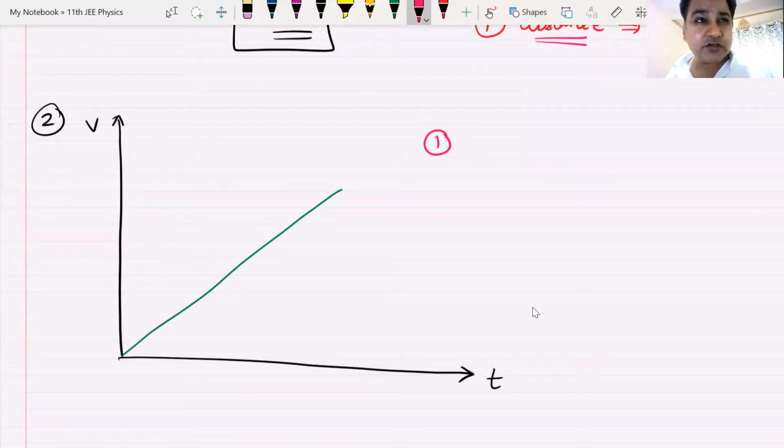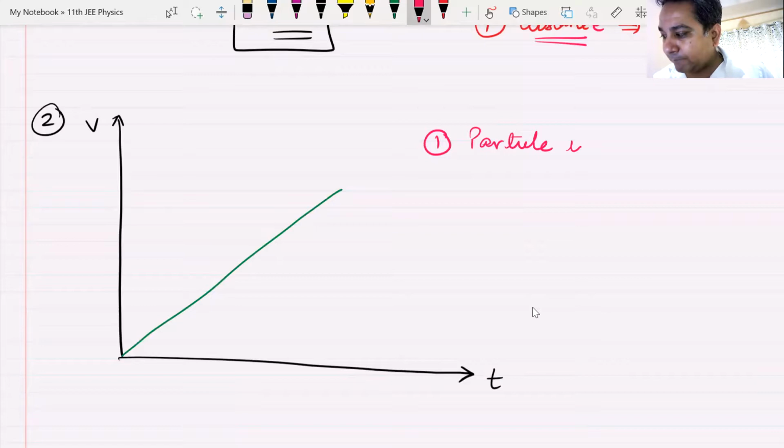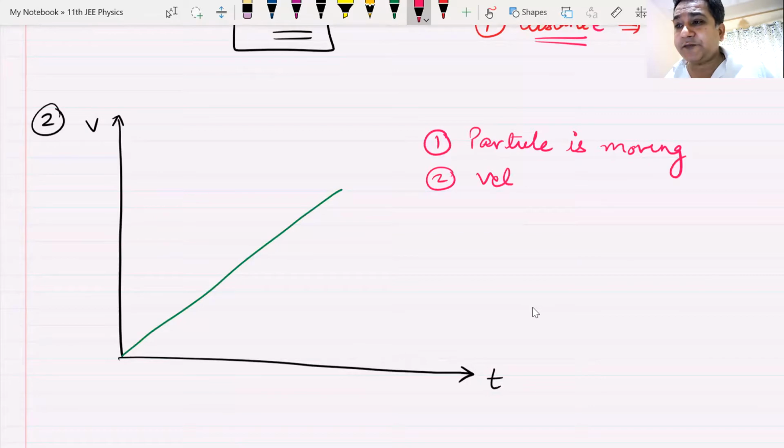Is the particle at rest or is it moving? Moving. What is the direction of velocity? Positive, negative? Velocity is positive.